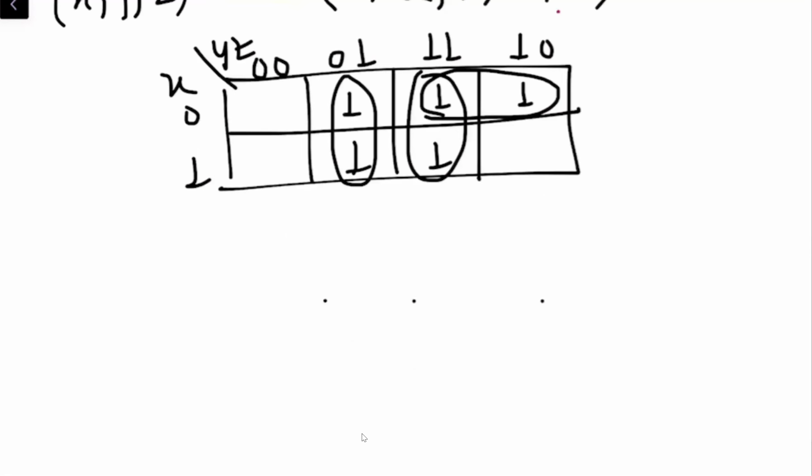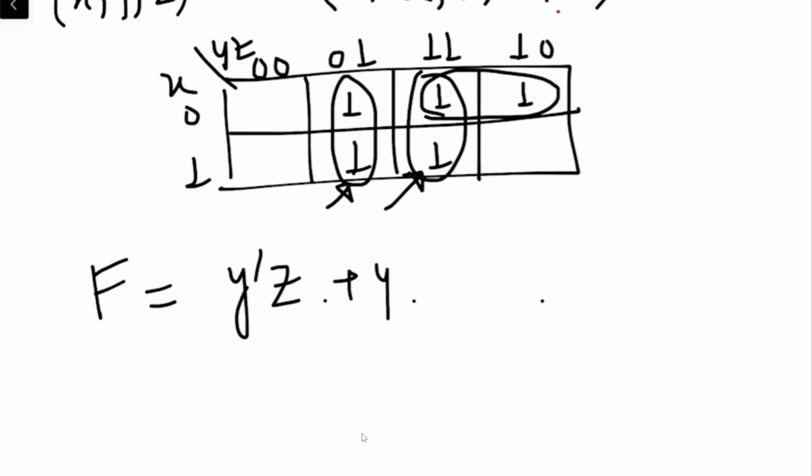For the first vertical group, the function is equal to, what is not changing over here is y complement and z. In the second vertical group, what is not changing is yz. And the third horizontal group is represented as x complement y, right? Are you with me?